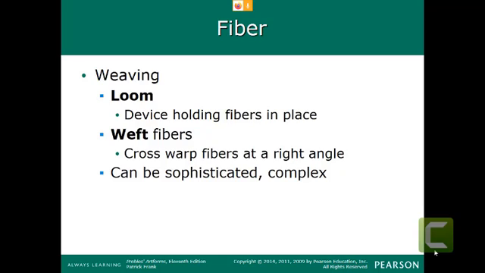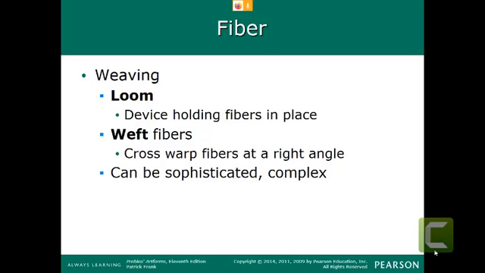So usually, if you can imagine, a loom will hold these threads in a vertical position. So say that you're having this string, you're stretching it out in front of you.